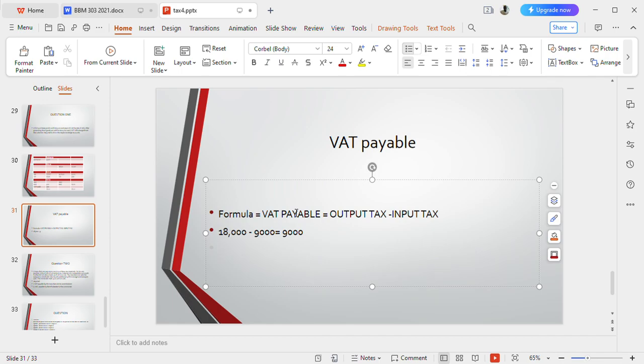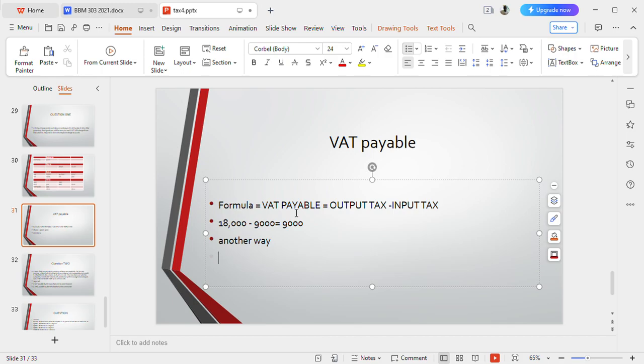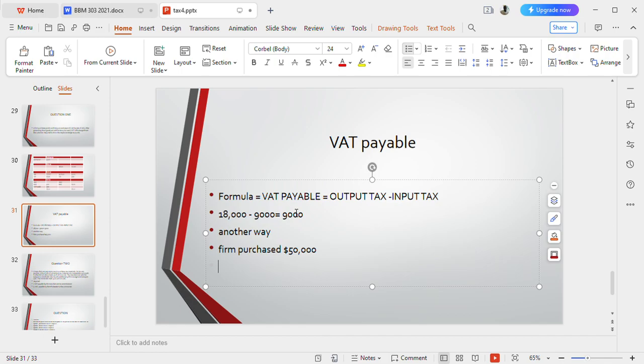Another way that you can do the computation. You say the firm purchased how much? Goods worth $50,000. At the same time, the firm sold worth of goods 100,000. So what you do, you just say sales minus purchase. What do you get?